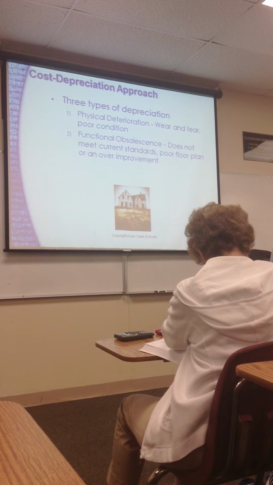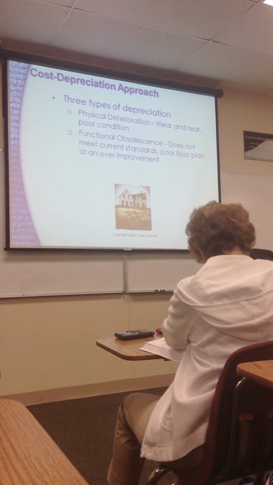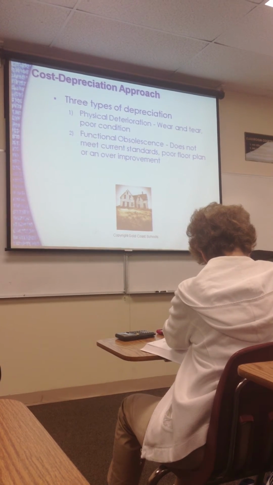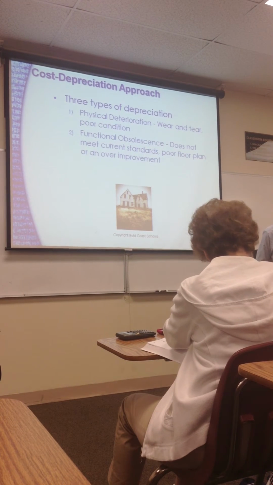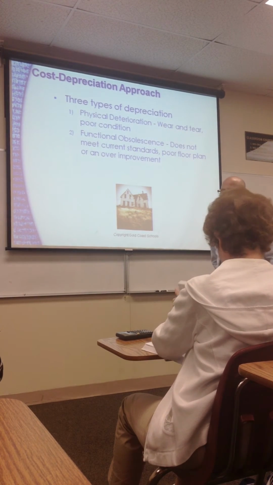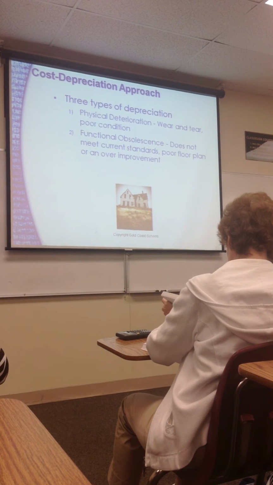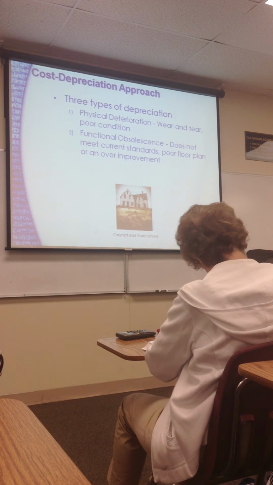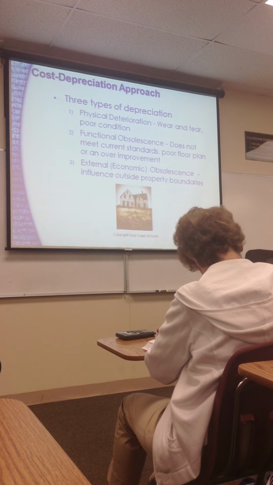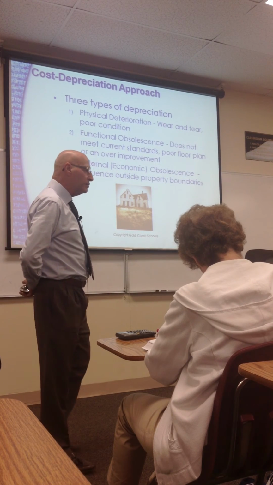Now, the worst kind of depreciation is the one that is beyond the control of the property owner. What is beyond the control of the property owner is something outside the property lines that does bring down the value of the real property, right? You know, someone mentioned the Biscayne Landings property.